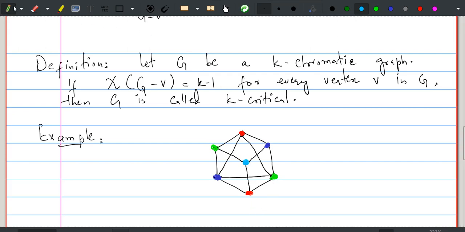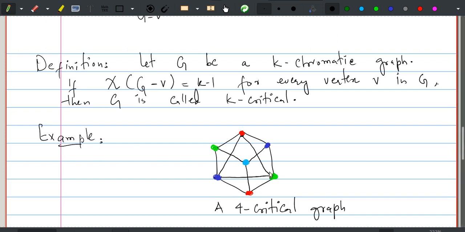So this is our graph G, and we say it is a 4 critical graph.